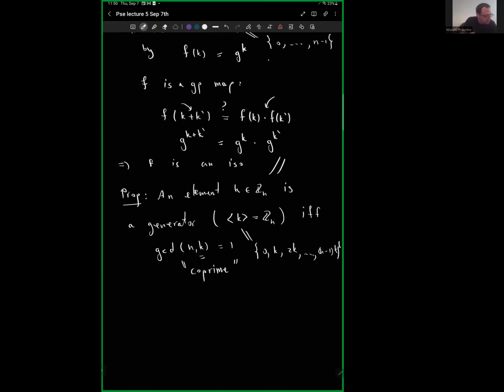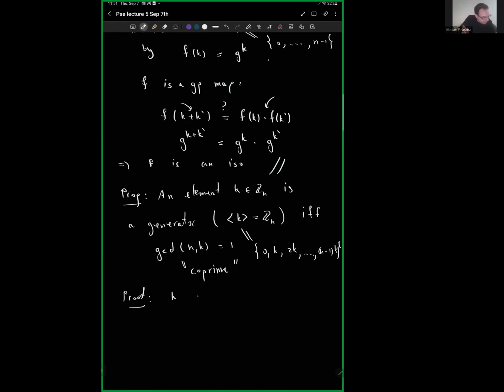Okay, so maybe you can see the proof also for clarification. If k is a generator... actually, this is an equivalence, since we want to prove an if and only if statement.